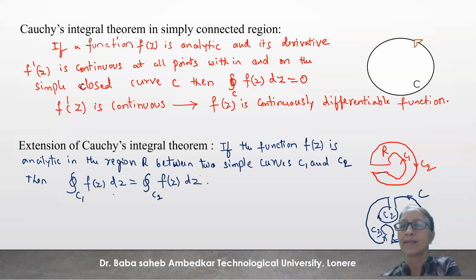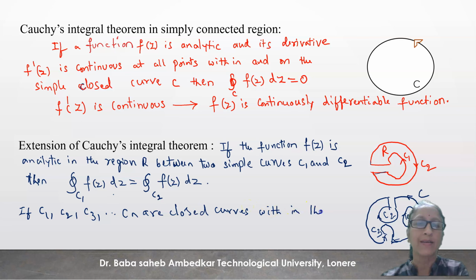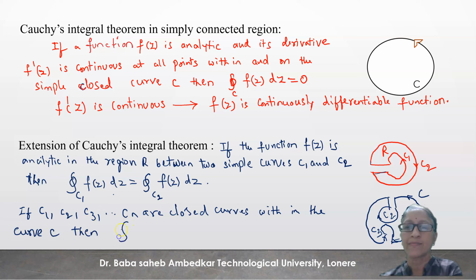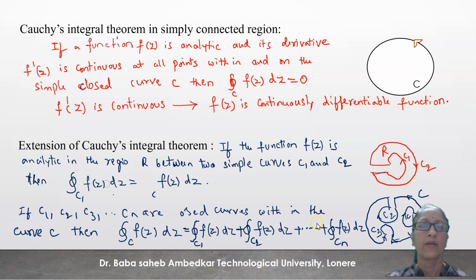Then this extension can be written as: if C1, C2, C3, and so on up to Cn are closed curves within the curve C, then the contour integration along C of f(z) dz equals the contour integration along C1 plus along C2 plus so on, plus along Cn of f(z) dz.